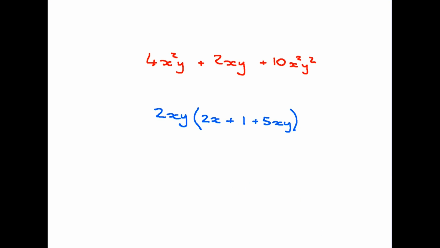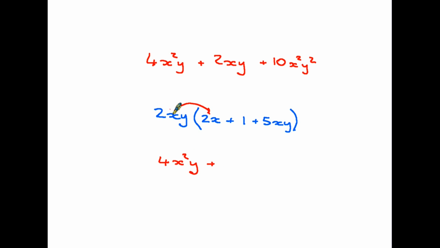Now, with a complicated example like this, it really is important that we check our answer. So let's do this. We have to multiply what is outside by each of the terms inside. Therefore, we are multiplying 2xy times the 2x. 2 times 2 is 4. X times x is x squared. And the y, nothing to multiply with, it's just y. Then we put in the plus.